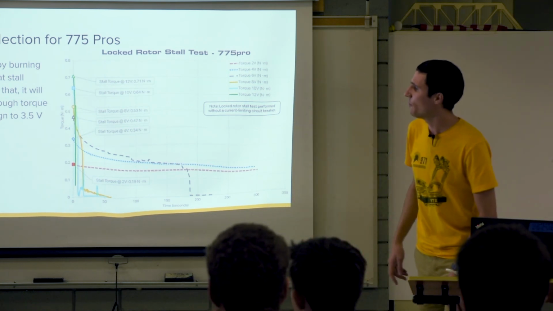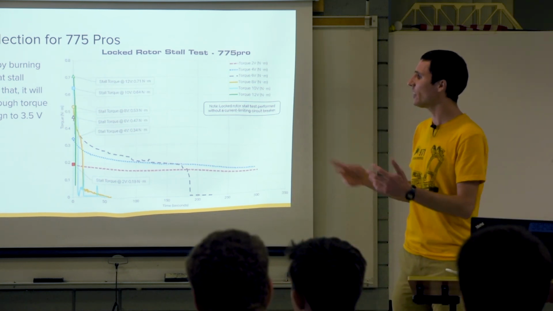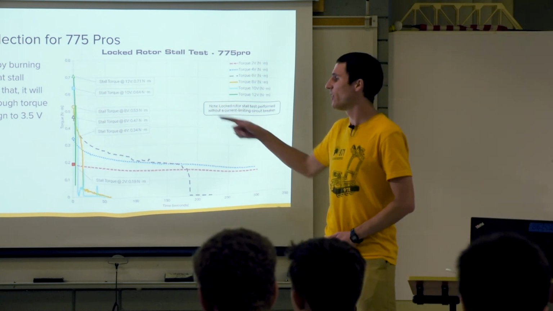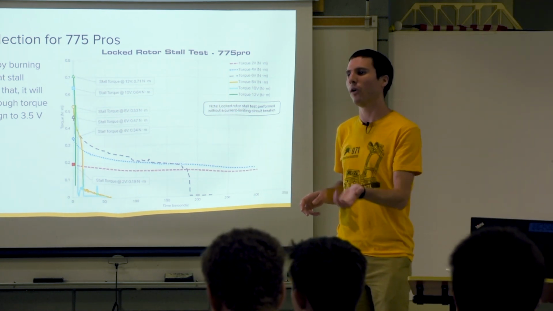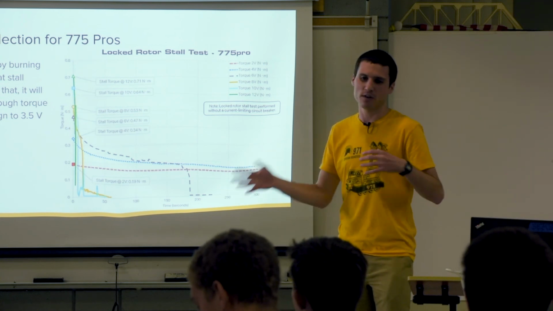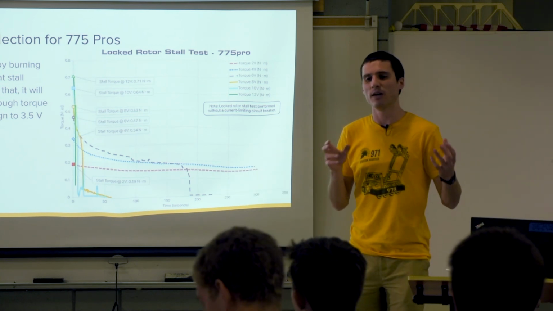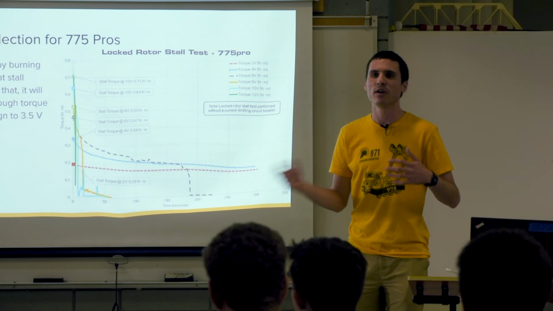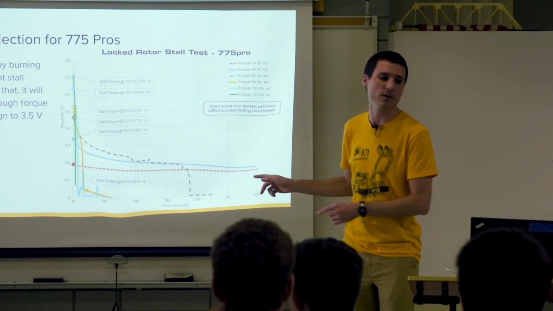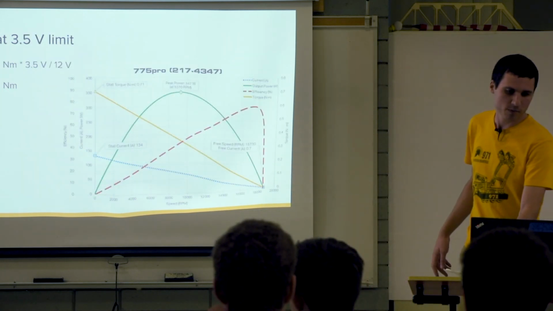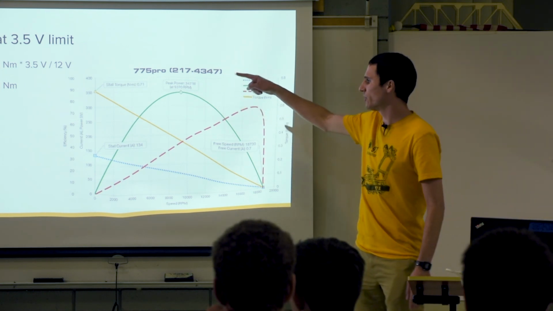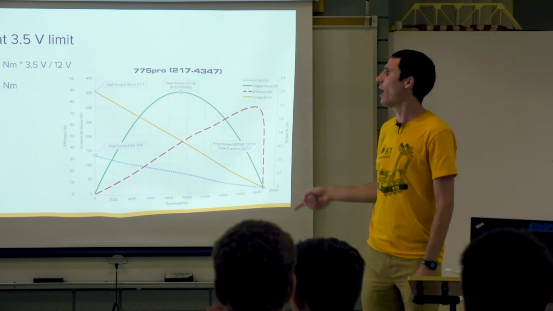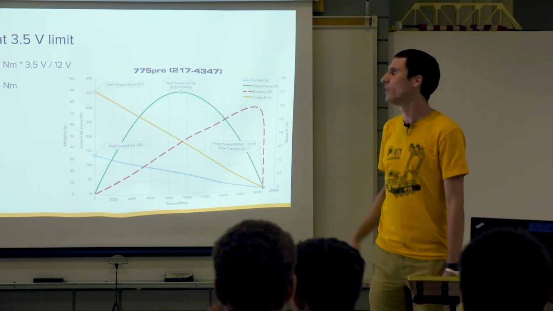Designing to 3.5 volts is going to give us how much torque we can get out of the motor for our mechanism. Then we can use the geometry, the dynamics and the statics of our mechanism to figure out, is that going to be enough torque to do what we need to do? So from the 3.5 volts, you need to calculate how much torque that's actually going to be.